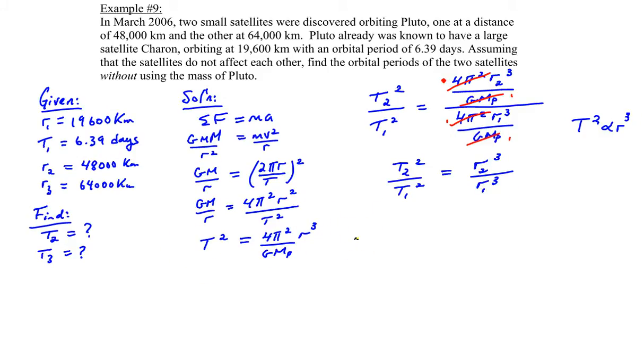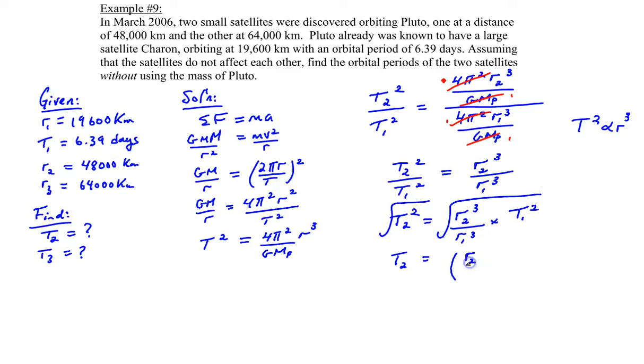So now, if we're solving for T2, T2 squared would be equal to R2 cubed all over R1 cubed, multiplied by T1 squared. So if we're solving for T2 by itself, we would take the square root of this whole thing, and we would get R2 all over R1, the ratio of that, to the power of 3/2, because that is the square root of something that's cubed, multiplied by T1.